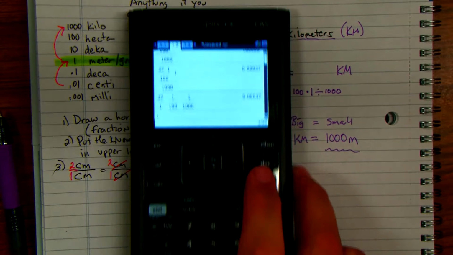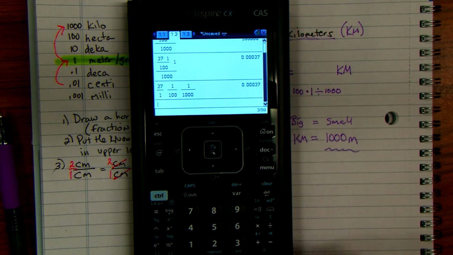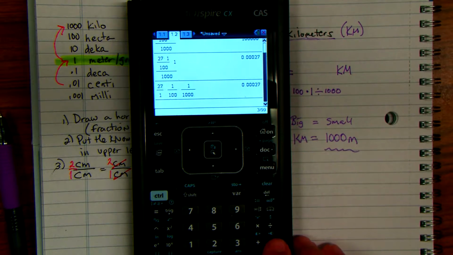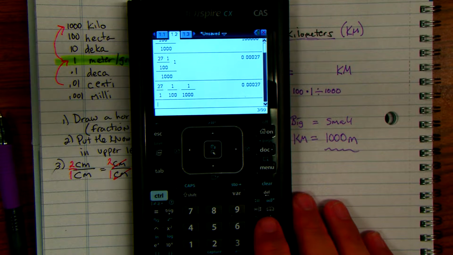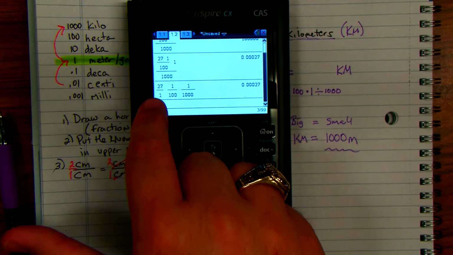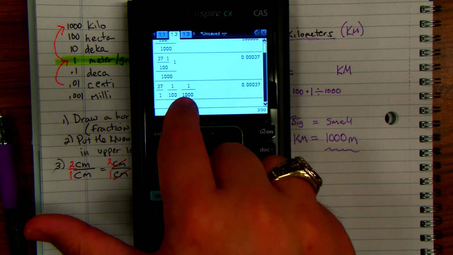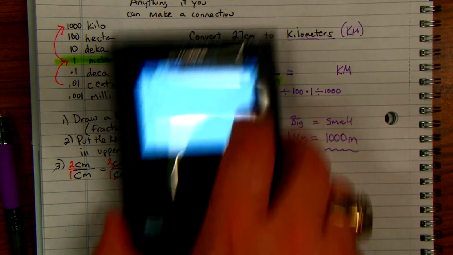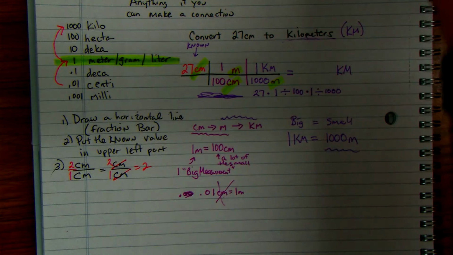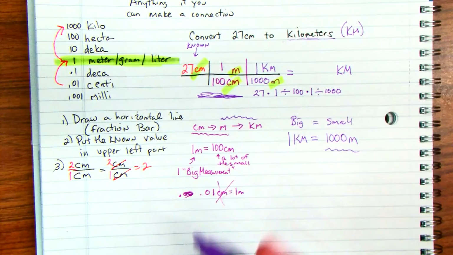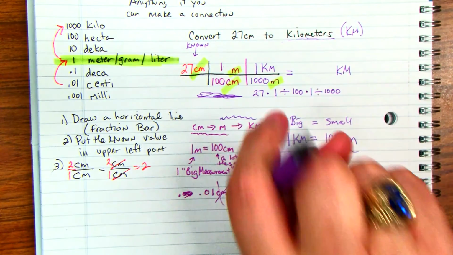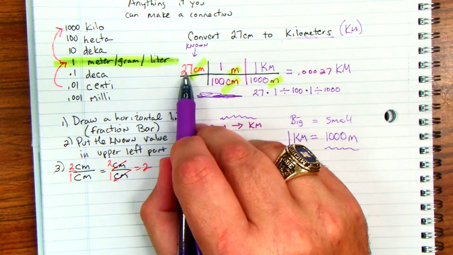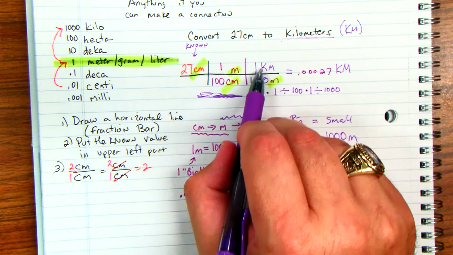I know this isn't the best thing, but we can actually create this, and we'll have some other tutorials on that, where we can create 27 over 1 times 1 over 100 times 1 over 1,000, and we get our answer, which is 0.00027. So that's our answer for this one. So it would be 27 times 1 divided by 100 times 1 divided by 1,000 is 0.00027.